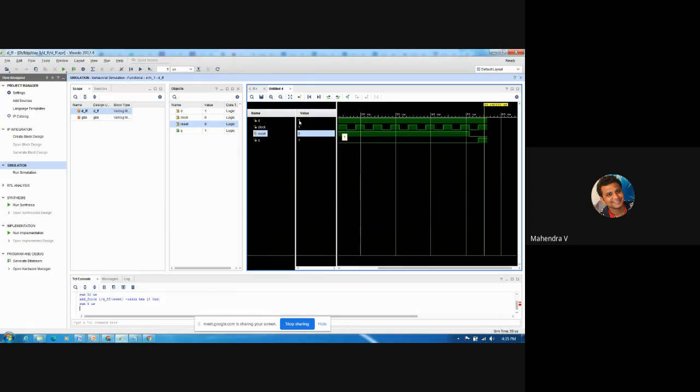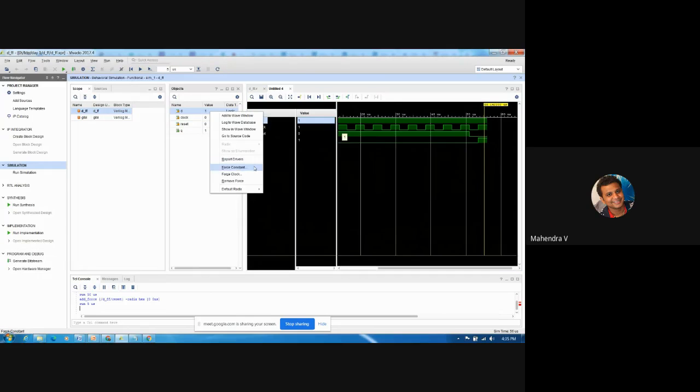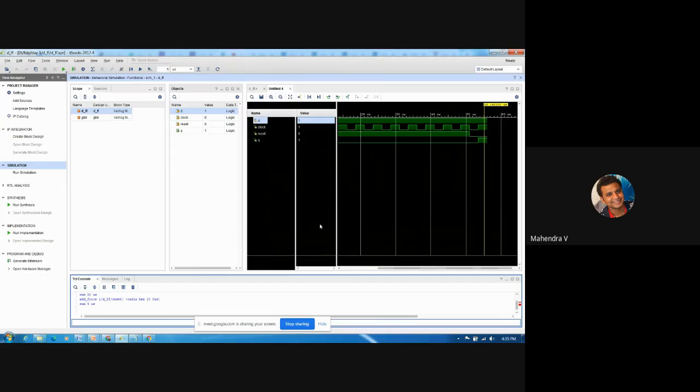I'll change it now to actually these flip-flop functions. Whenever reset is 1, output is 0. Whenever reset is 0, output becomes equal to D. That is the behavior of the D flip-flop, and that is simulated here exactly.